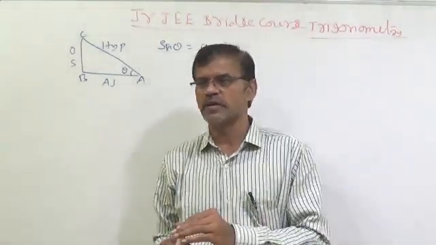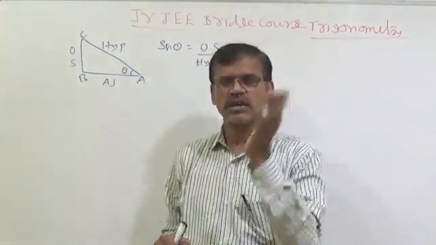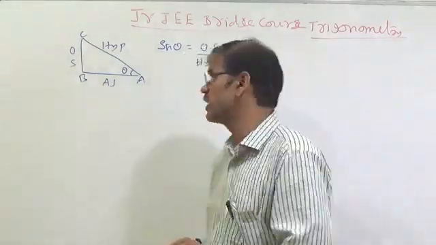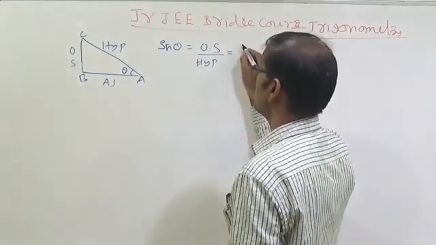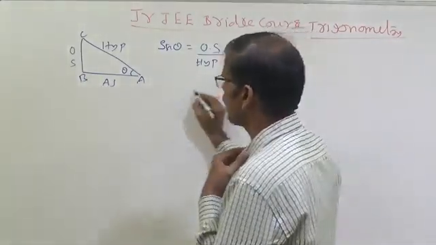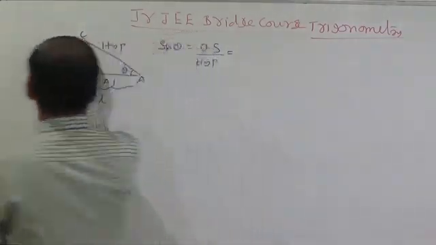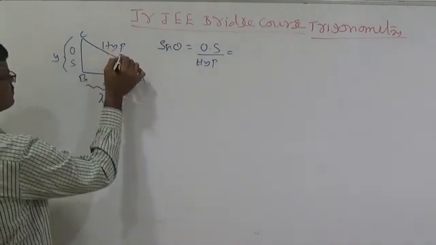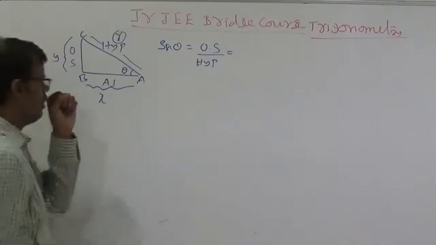r indicates the distance between the coordinates A and B. Now, using that, opposite side by hypotenuse: if I put the names here, this is x, this is y and this is r. Hypotenuse is r.